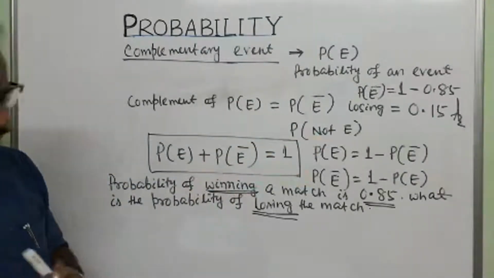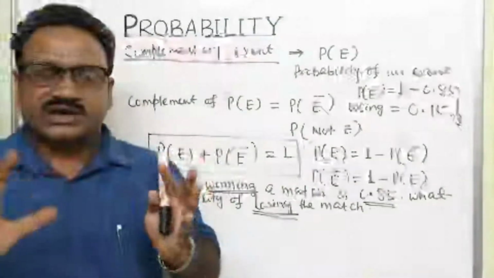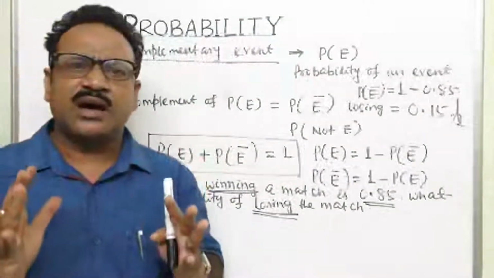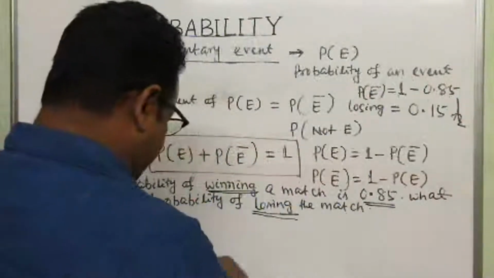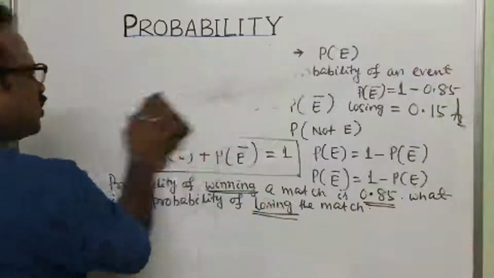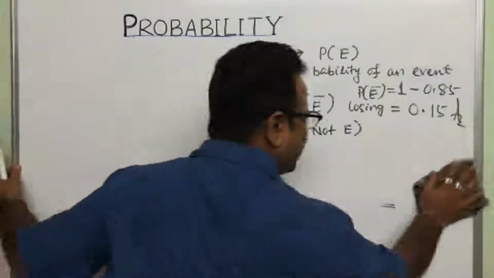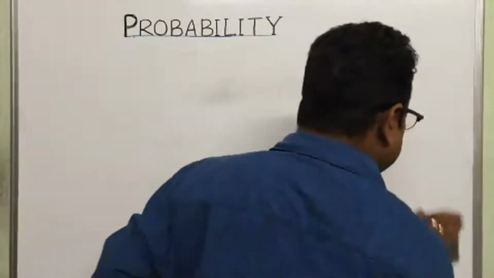Okay. Now see, forget about this. Now come directly to numericals. How to solve the numericals in probability questions. So now see, what is very important. How are the questions coming? How are we finding the probability of an event?